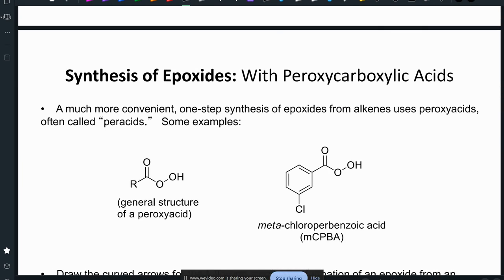So we've seen before with alkenes where we can react an alkene with HBr and peroxides that have this O-O single bond. So this would be a peroxide. And we saw that this O-O bond is relatively weak.